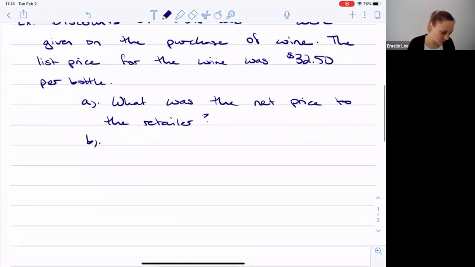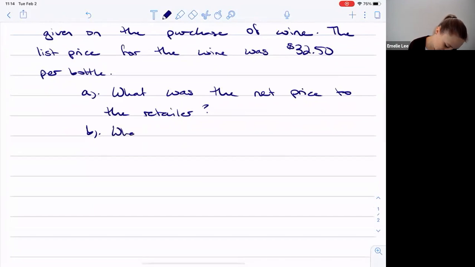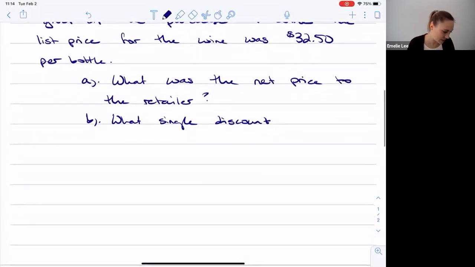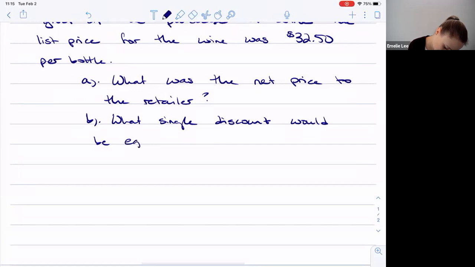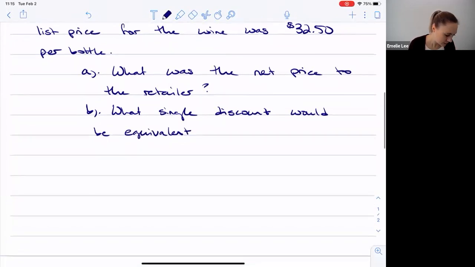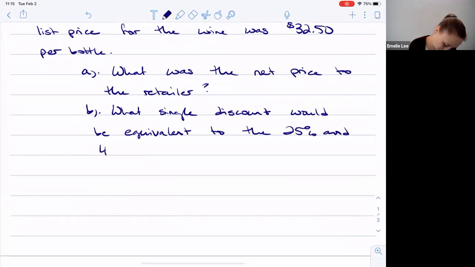A is kind of a gateway. What single discount would be equivalent to the 25% and 45% discounts?